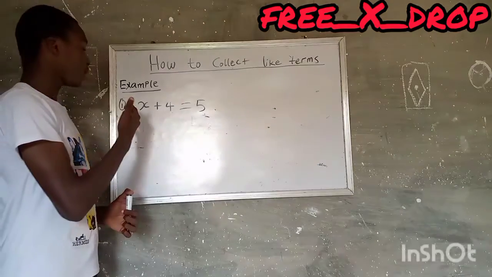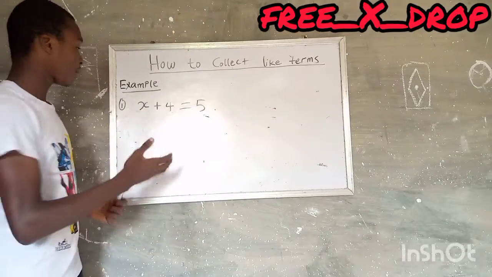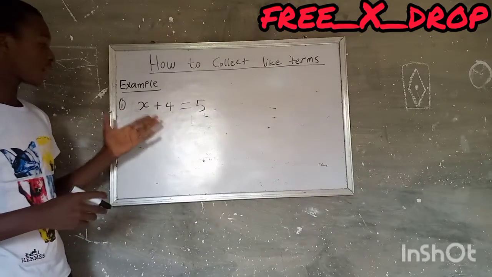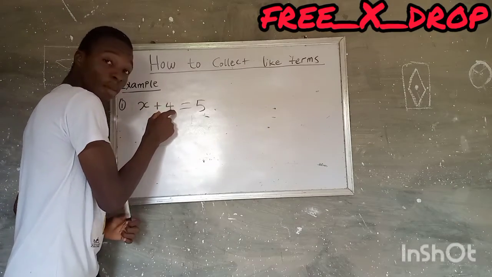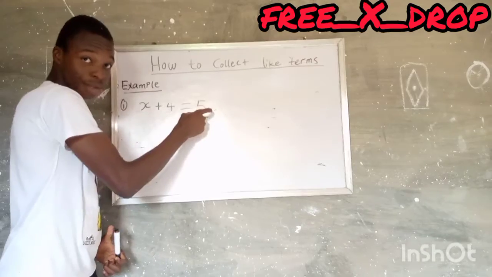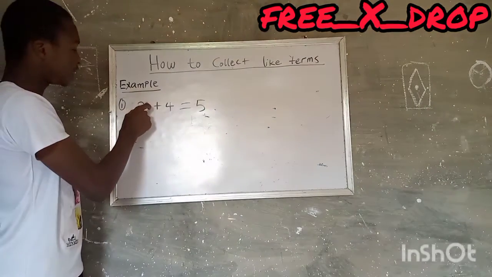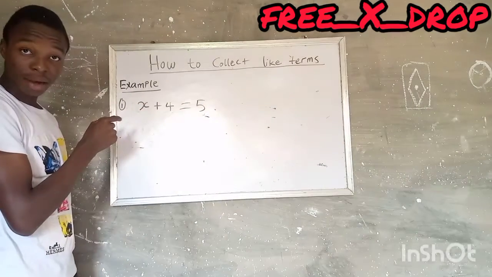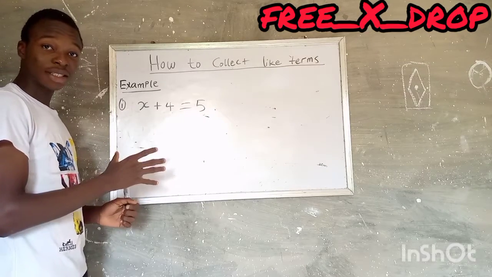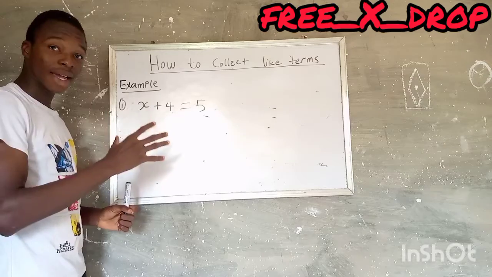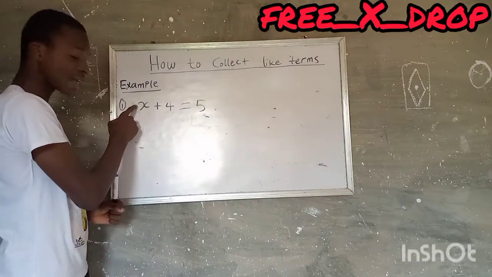So, first method, I'll do this. Now, this is how you collect like terms. This is a letter, this is a number, and this is a number. Now, this is a positive letter, because every single number indicated in mathematics has a sign.